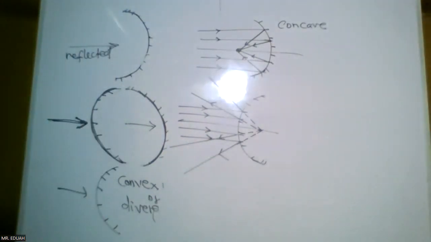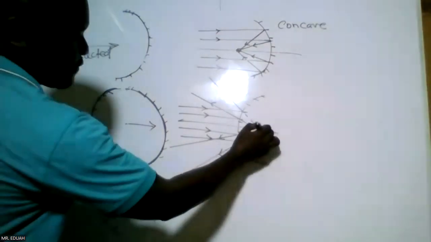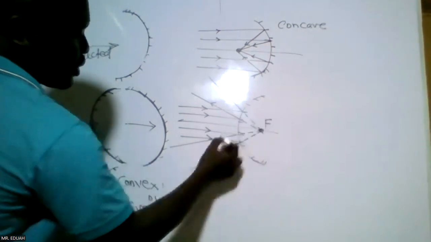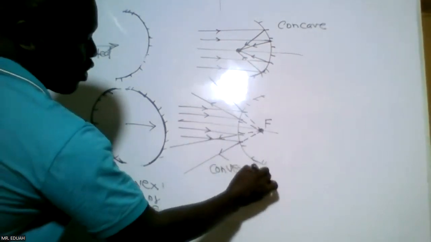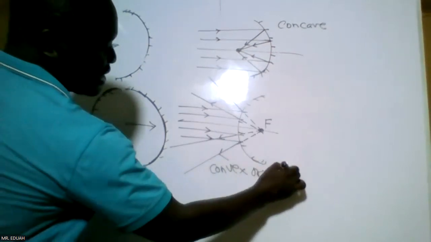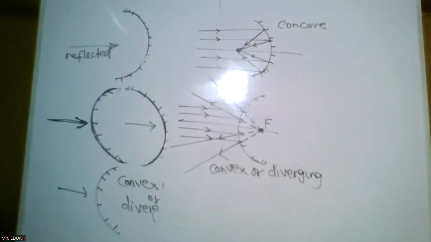They spread out. Okay. So the reason for which we call this convex or diverging mirrors.